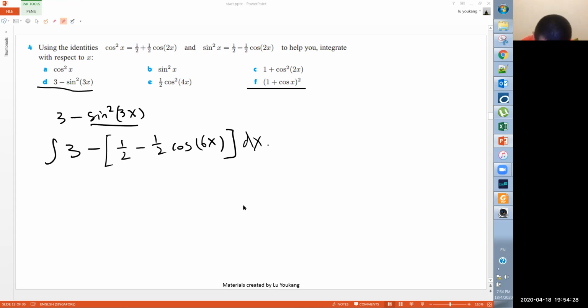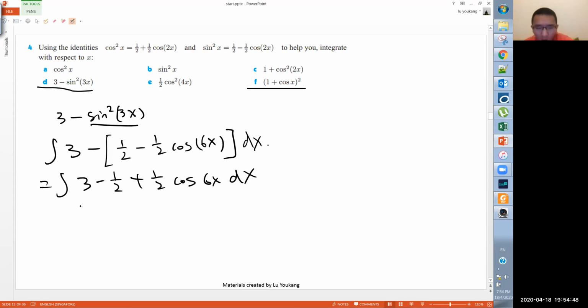Are you done with question 4D? Does it need to be, I don't know, the 2.5, does it need to be integrated? So if you simplify, you're supposed to get this. Okay? Then you just integrate term by term.